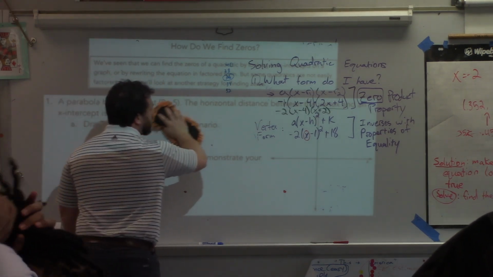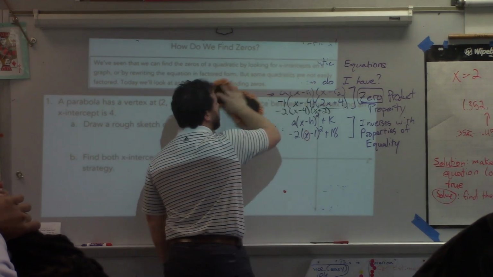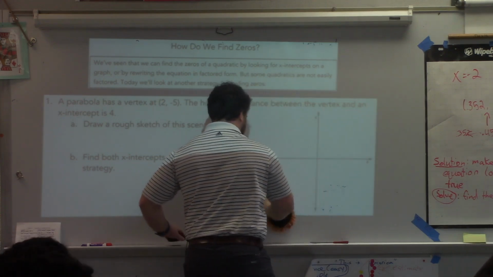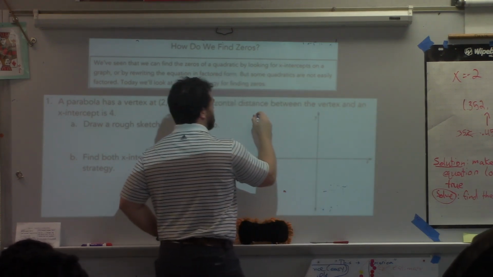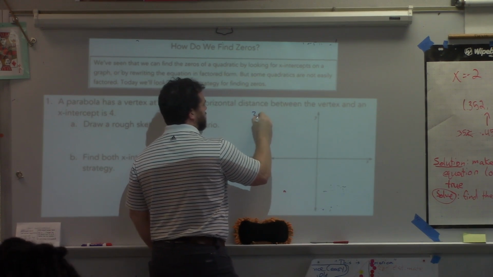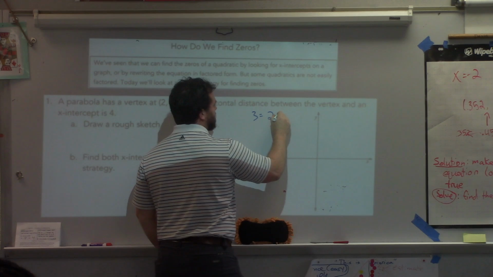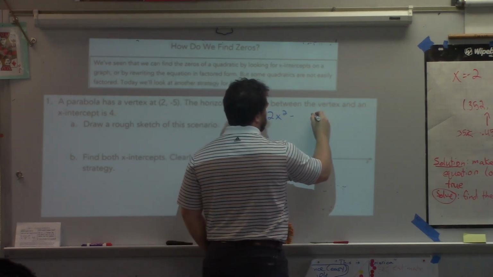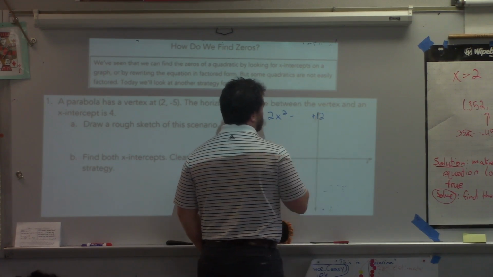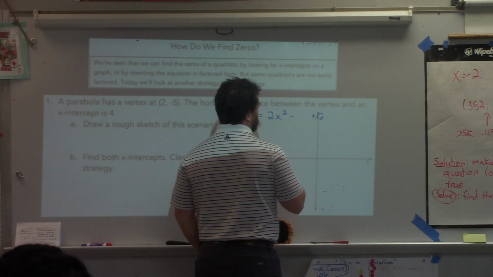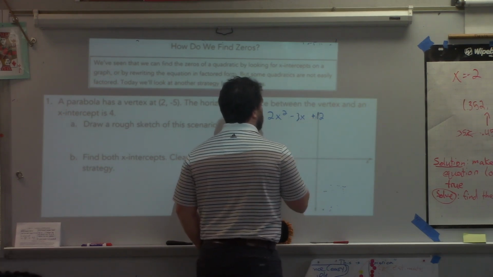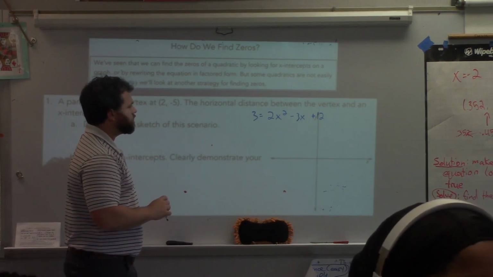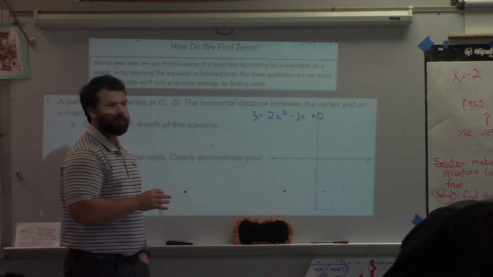Now, what was the only form of a quadratic we don't want to solve in? Standard form, right? So, if I gave you this equation right here, it's in standard form.